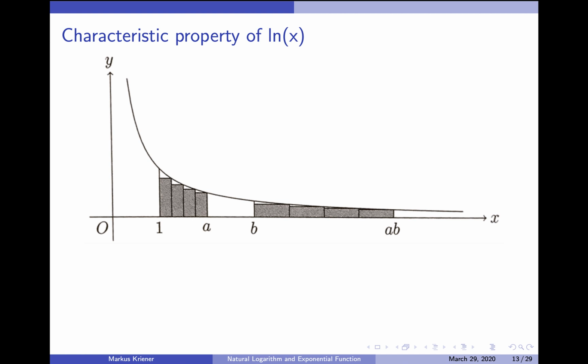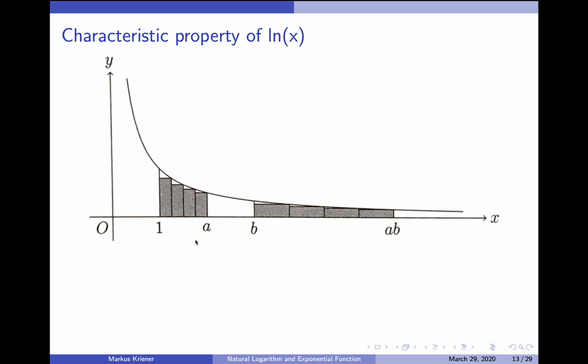Here it helps to think of the numbers 1, a, b, and a times b in a more geometric fashion. The number 1 corresponds to the line segment O1. To get a point representing b on the x-axis, you stretch this line by a factor b. Likewise, you get the point representing ab by stretching a by the same factor b.